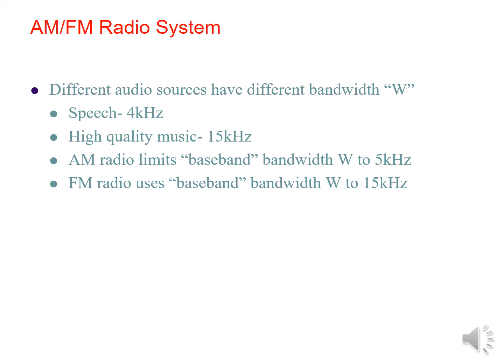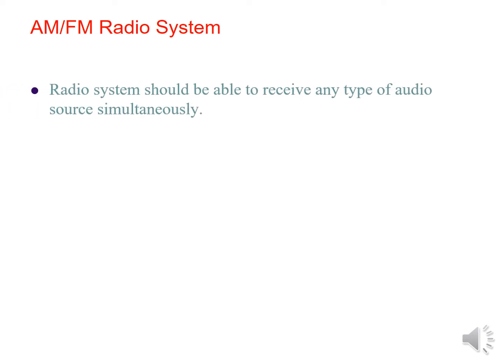For example, our voice, speech, has 4 kilohertz, and high quality or loud music has 15 kilohertz. Usually for AM the size is up to 5 kilohertz and for FM up to 15 kilohertz. These are some revision.